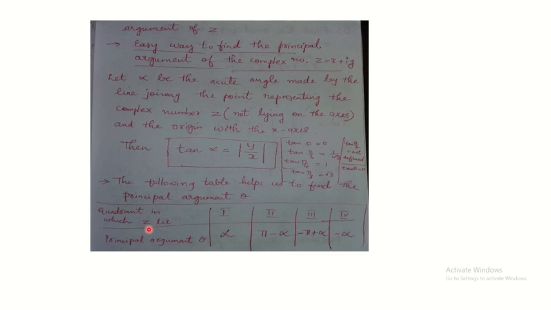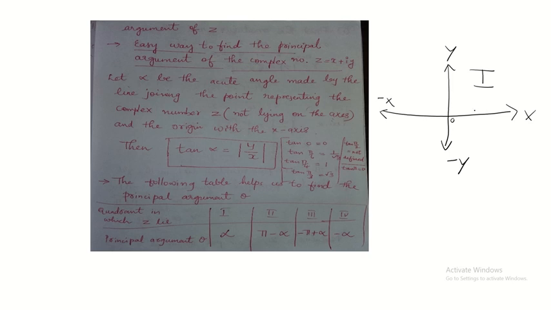Quadrant in which z lies. Okay, what is meant by a quadrant? See here, you are having four quadrants in a graph. This is plus x, minus x, plus y, minus y. This is the origin O, or 0.